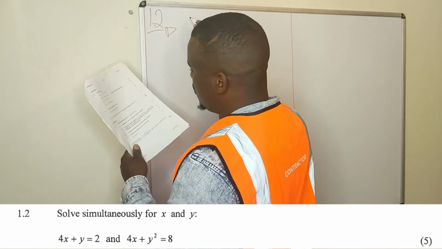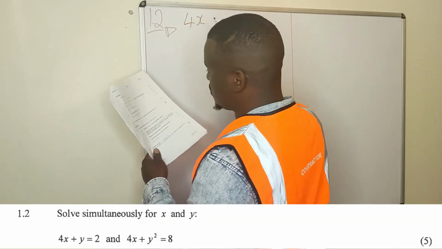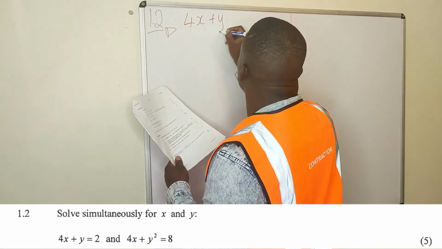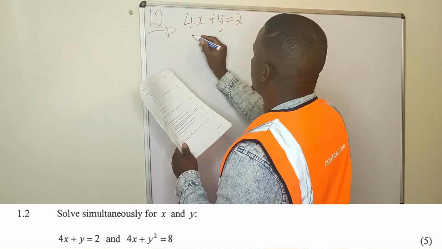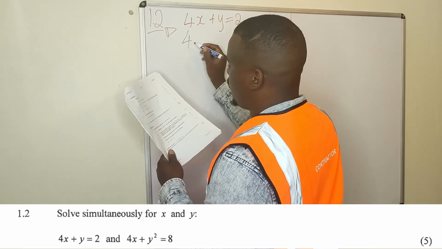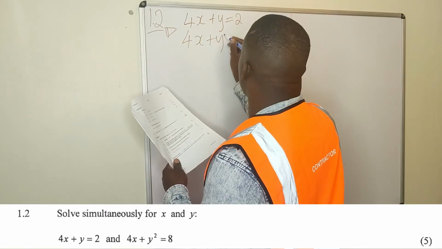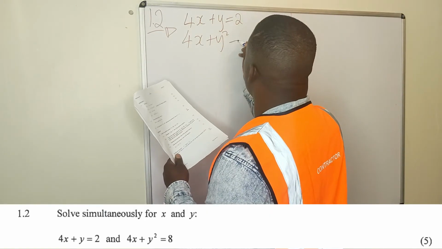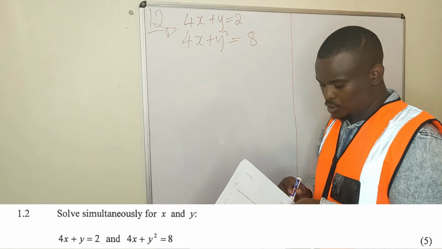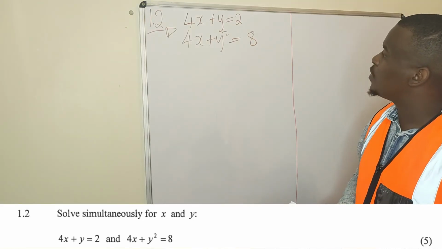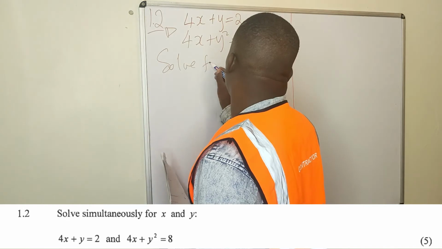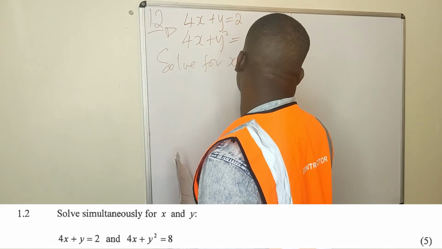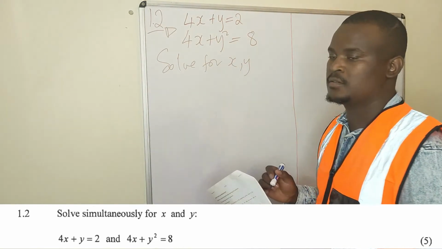So they gave you x plus y is equal to 2, and x plus y squared is equal to 8. So they want you to solve for x and y simultaneously.